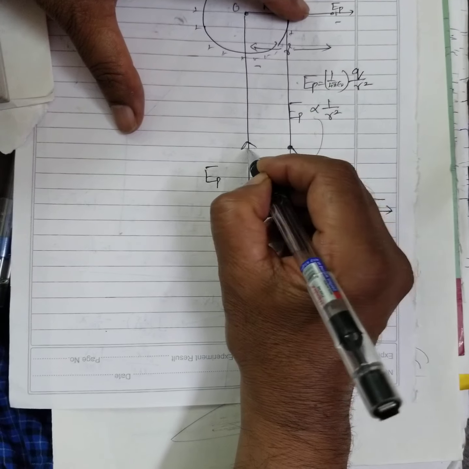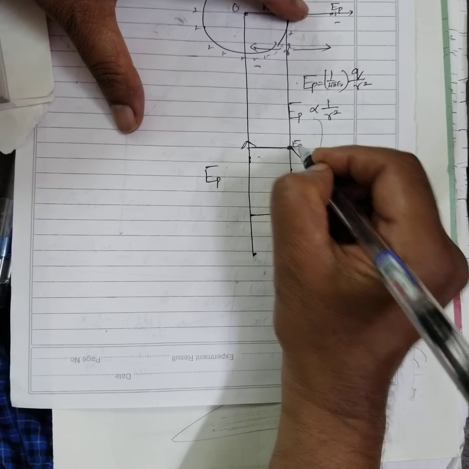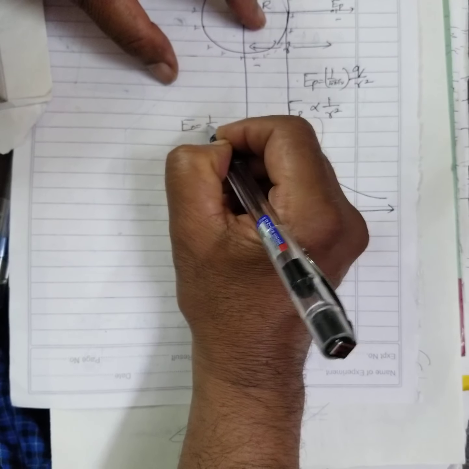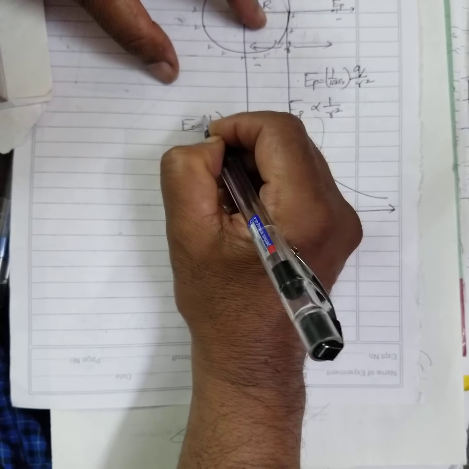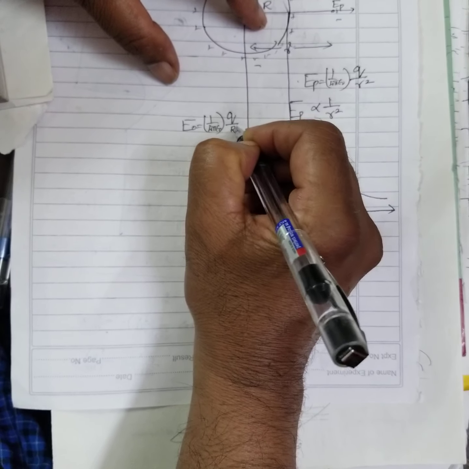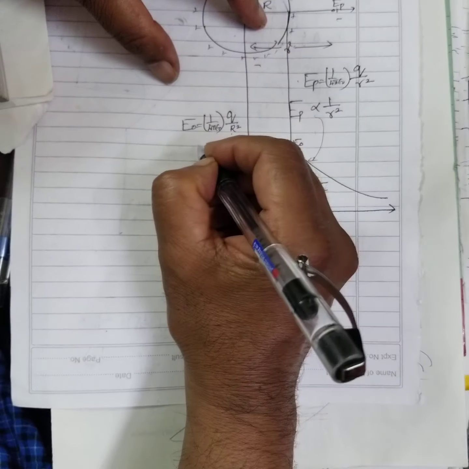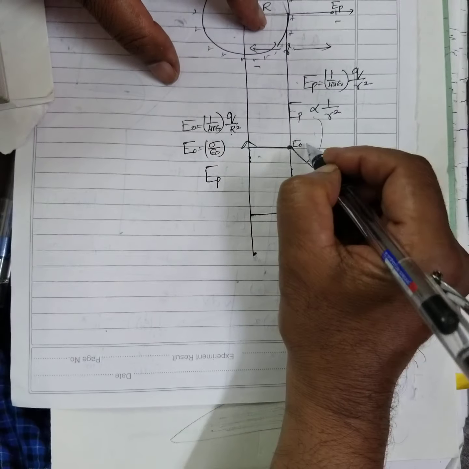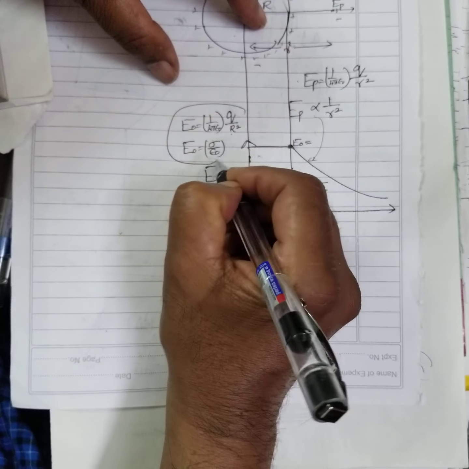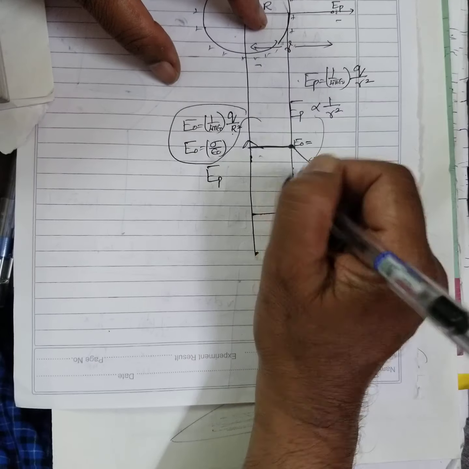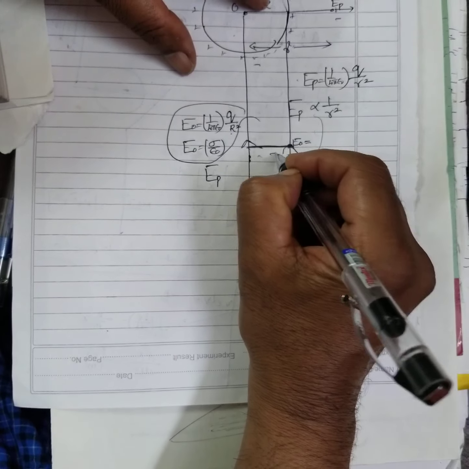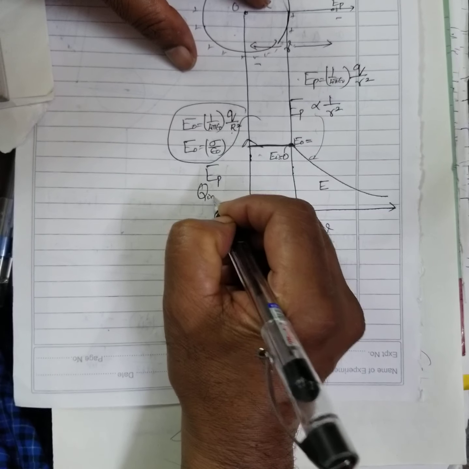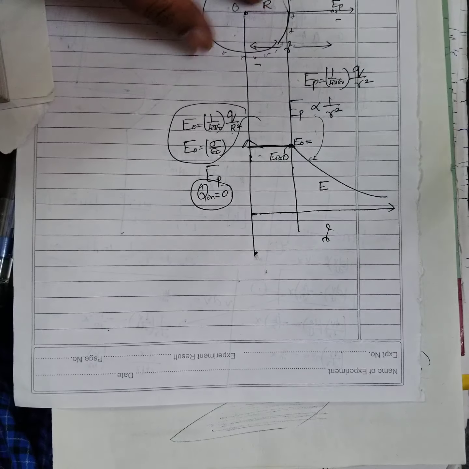This is the electric intensity just outside the sphere: 1 by 4 pi epsilon naught times charge by R square, which is also equal to sigma by epsilon naught. Do you remember? This value is constant. But once inside, the electric field is equal to 0, because the charge inside is equal to 0.